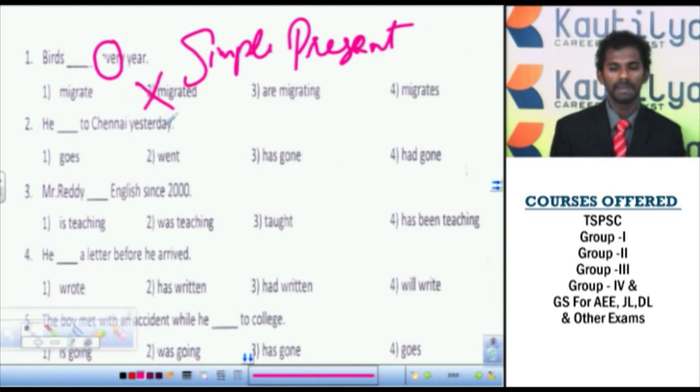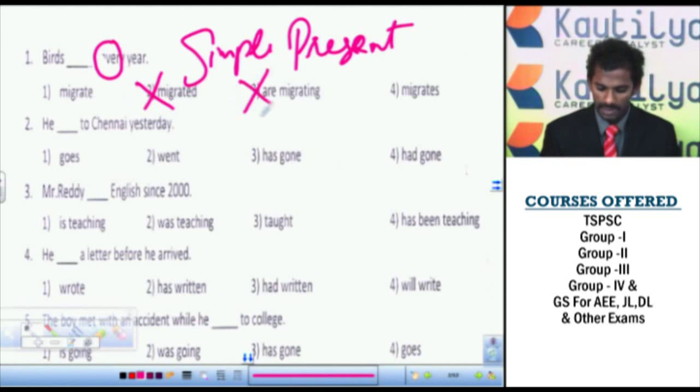"Migrated" is simple past tense, subject plus V2, eliminated. "Are migrating" is present continuous. We have to use simple present here because it's a regularly happening action. Based on that, option 3 is also eliminated. Clear? Now we're left with "migrate" and "migrates."